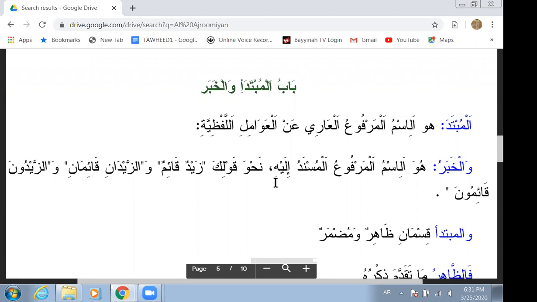And the third example they have given, when the mubtada is plural, the khabar is also plural, az-zayduna qa'imuna, mubtada and khabar both are plural here. Now they are saying wal mubtada qismani, and the mubtada is of two types.